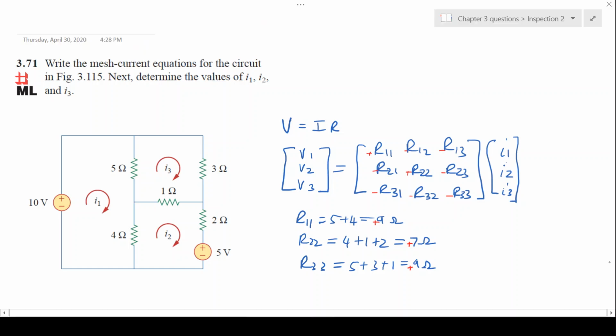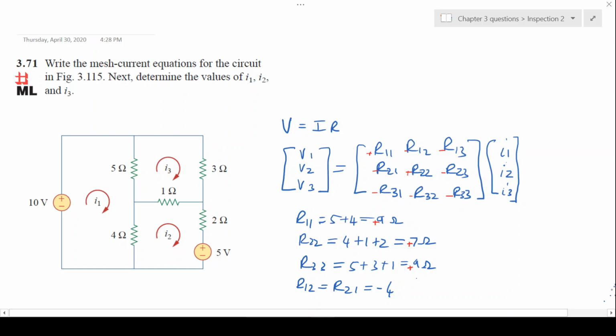Now, what about the values for R12, which should be the same as R21? This would be the sum of the resistances that are shared between loop 1 and loop 2. Loop 1 and loop 2 have a 4 ohm resistor that's shared, and it will be negative in sign, so that will be negative 4.